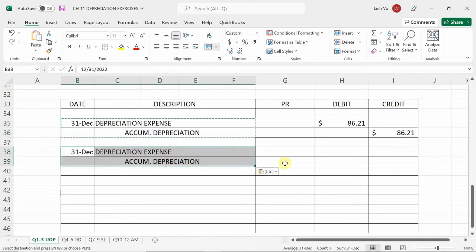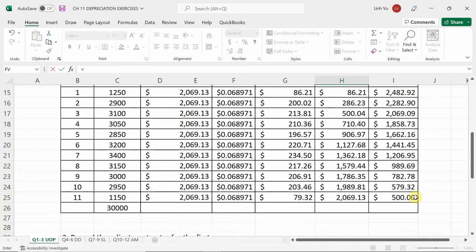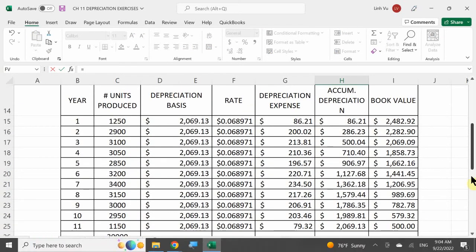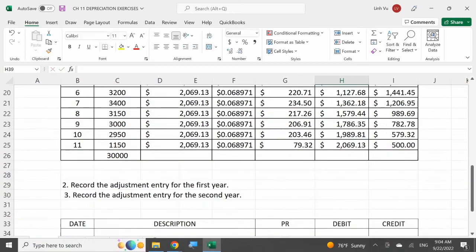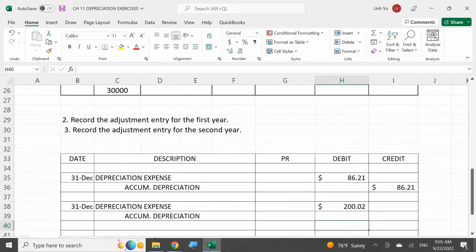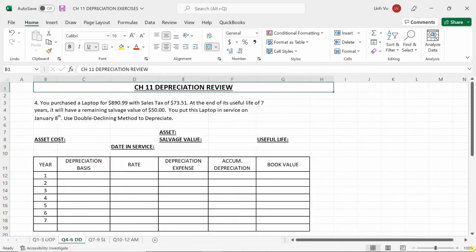Depreciation expense and accumulated depreciation. For how much? It's for $202. Good. All right. So that was units of production. Next one, double declining.